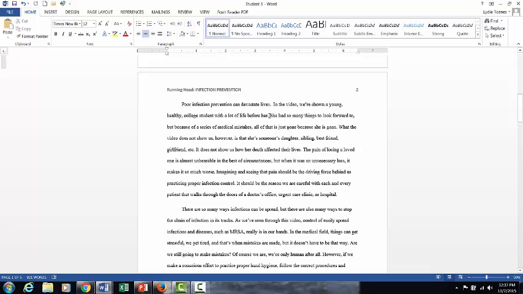Let me see, the next thing is this line here. She had so many things to look forward to, and because of the series of medical mistakes, all of that is just gone. That is a very vague pronoun, so we have to be careful when we say that, this, those, or even it, just because I'm not sure of what that person is referring to. And your reader is not sure where you're going.